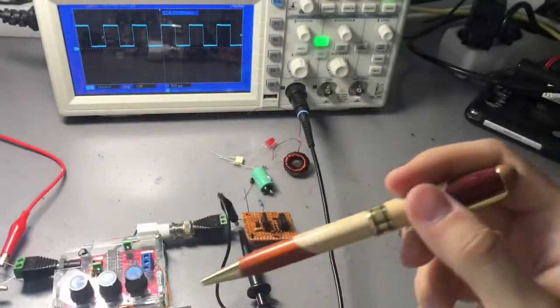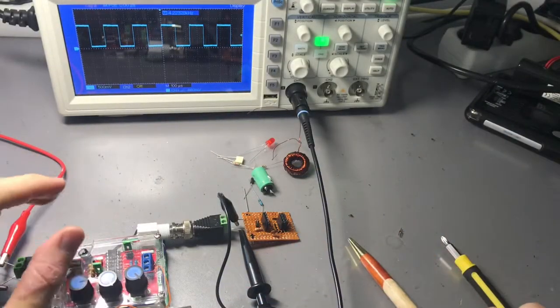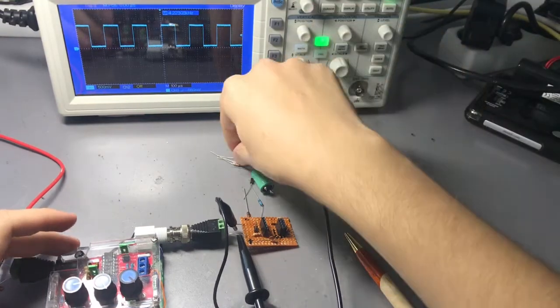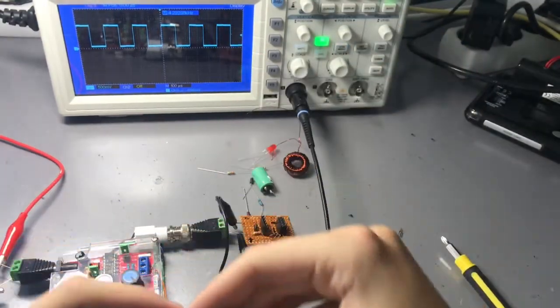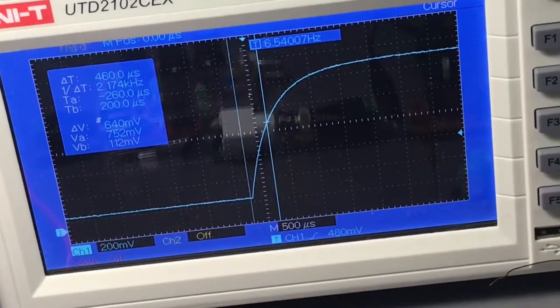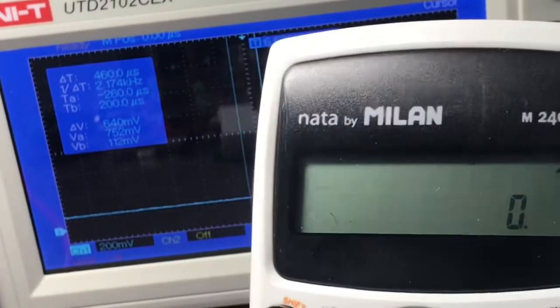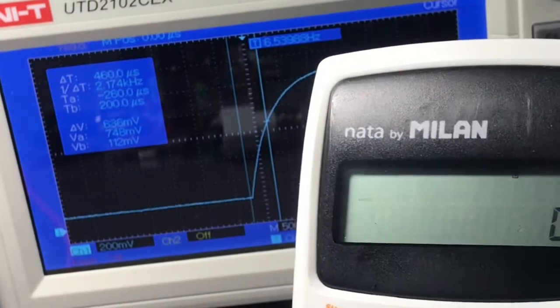So let's right now try to measure a capacitor. Let's connect this capacitor. I tested this capacitor on this. Right now the test will be with a bit smaller frequency, and we use the same formula.